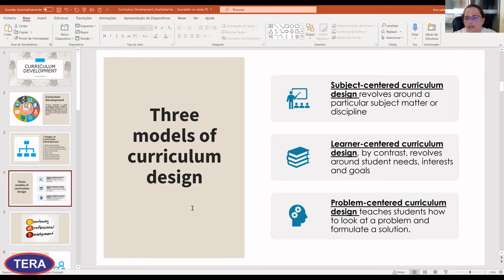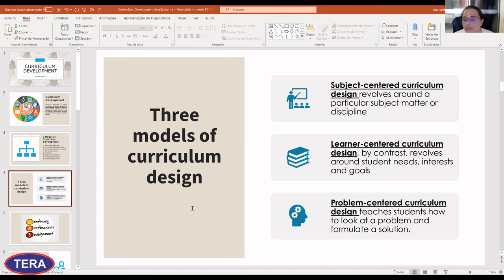Okay, maths, history, translation, mentoring, coaching, doesn't matter. Learner-centered curriculum design is the second one, revolves around the students' needs, interests, and goals. And the third one, problem-centered curriculum design, teaches students how to look at a problem and formulate a solution.